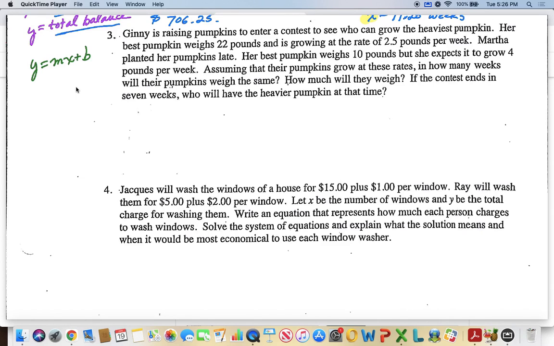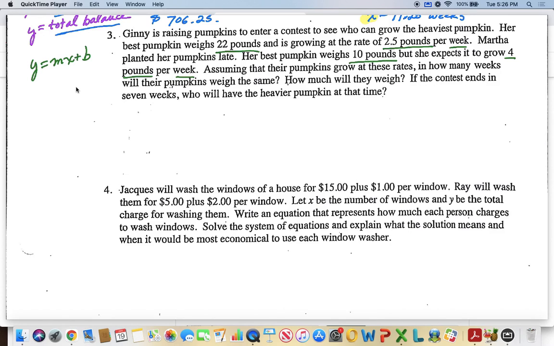Ginny is raising pumpkins to enter a contest to see who can grow the heaviest pumpkin. Her best pumpkin weighs 22 pounds and is growing at the rate of 2.5 pounds per week. Martha planted her pumpkins late. Her best pumpkin weighs 10 pounds, but she expects it to grow at 4 pounds per week.